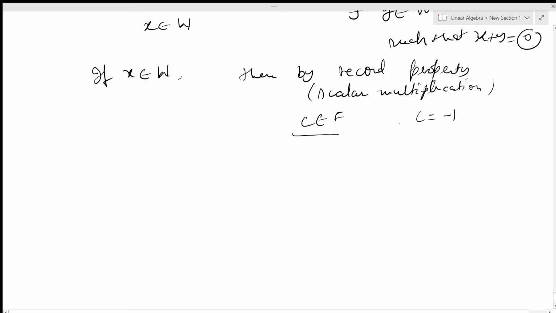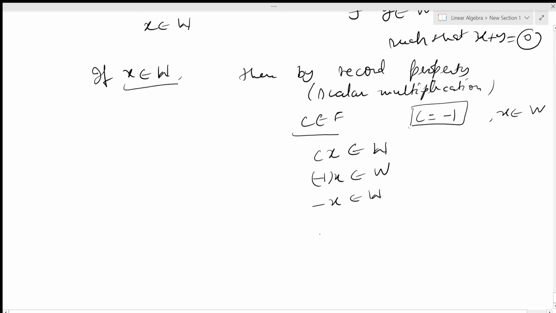In particular, if we take C as -1, that means if C belongs to F and x belongs to W, then Cx belongs to W, and C is -1, so -1 times x belongs to W, and you know that -1x is -x. That means if x belongs to W, minus x also belongs to W.